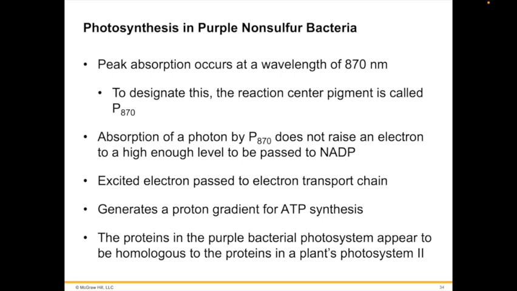So absorption of a photon by chlorophyll P870 does not raise an electron to a high enough energy level to be passed on to NADP, so they must generate reducing power in a different way.